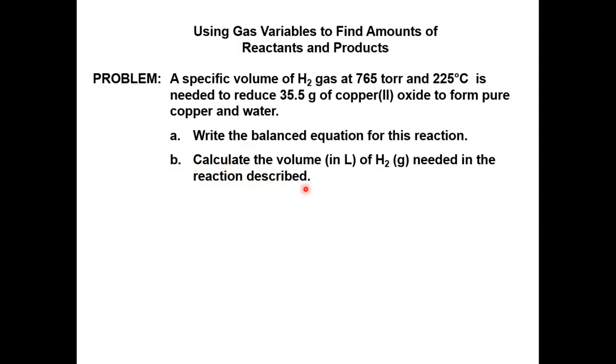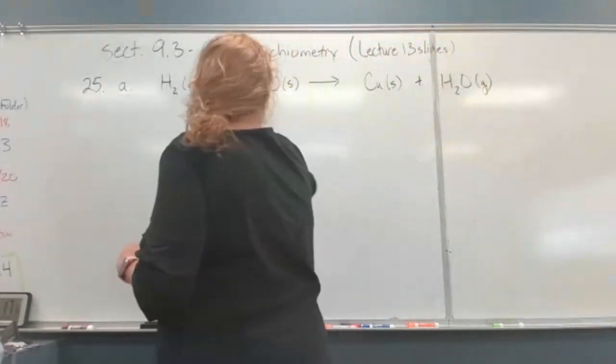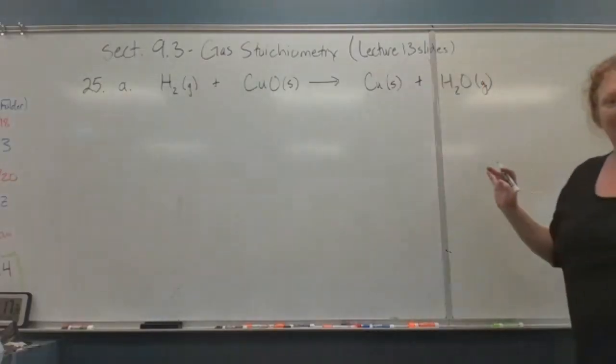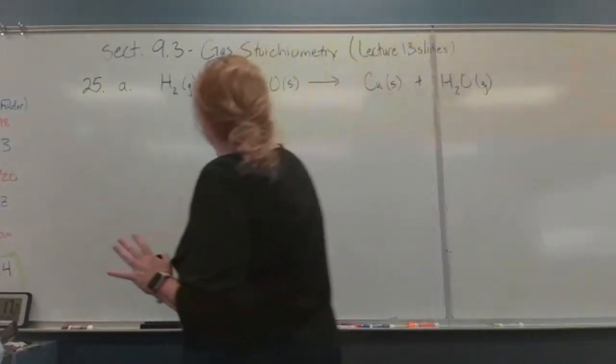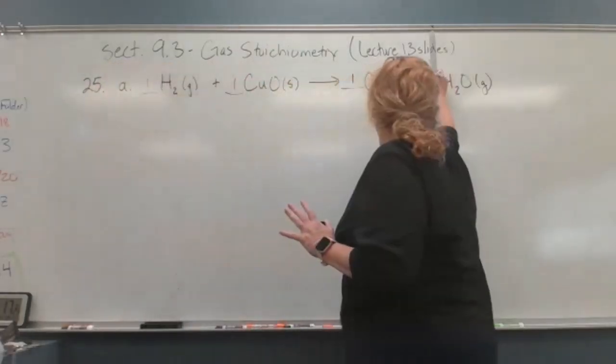And then we're going to calculate the volume of hydrogen gas that we need at that pressure and at that temperature to reduce this mass of copper 2 oxide. So what does this need to be balanced? Ooh, it might be balanced as it is. It is balanced as it is. That's very nice. 1, 1, 1.